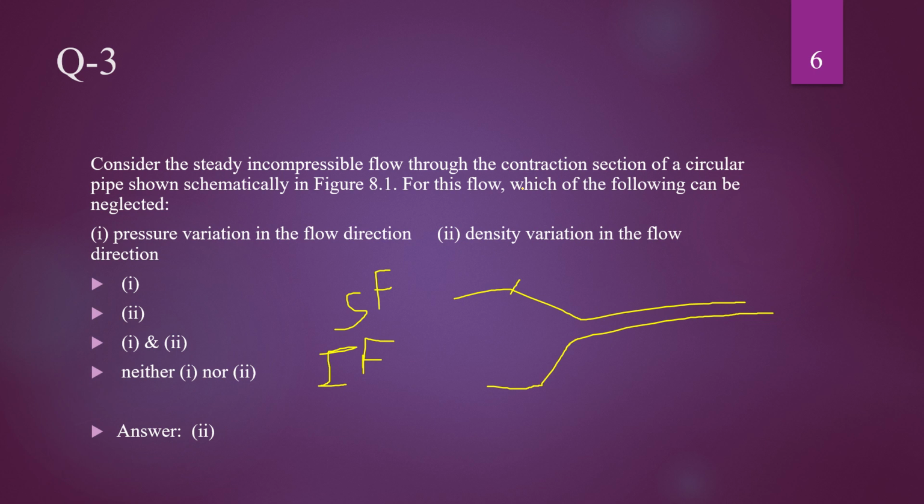So for this flow, which of the following can be neglected? It is pressure variation in the flow direction and density variation in the flow direction.